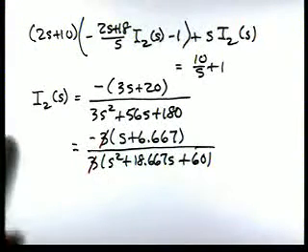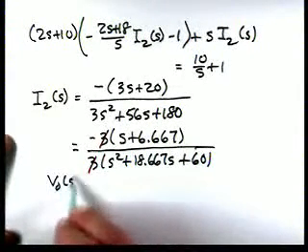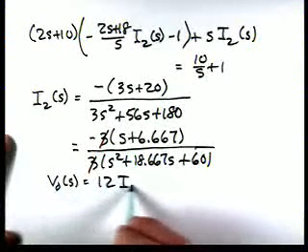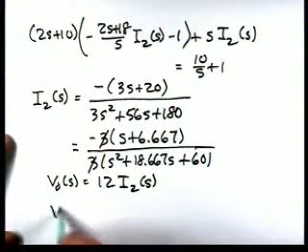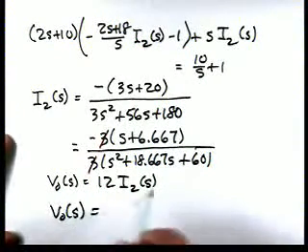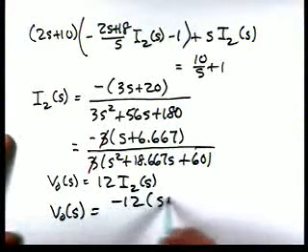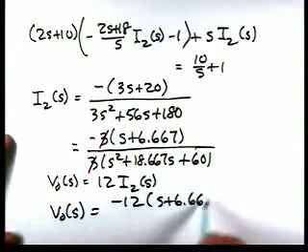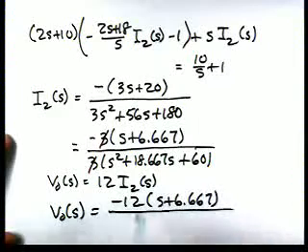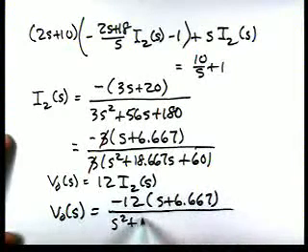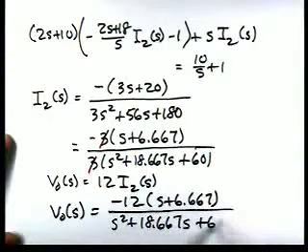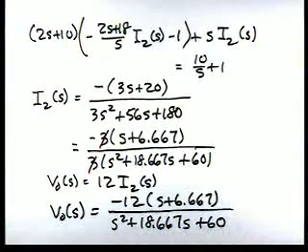And if we remember that V0 of S is 12 times I2, then we can write V0 of S is minus 12 times S plus 6.667 over S squared plus 18.667S plus 60.